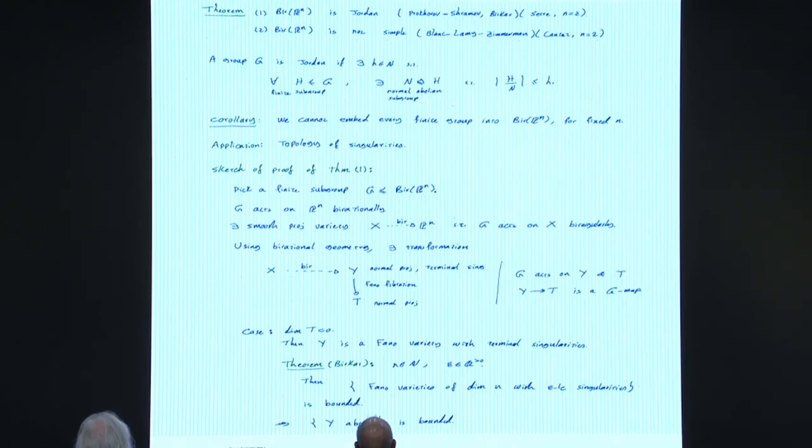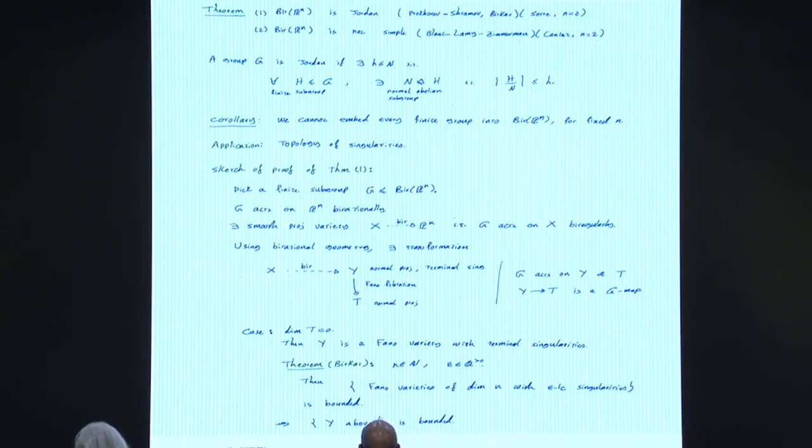The difference with being abelian is bounded by some constant, which does not depend on the subgroup. In this case, it just depends on the dimension. This was proved by an argument of Prohorov and Shramov, and they reduced it to some statement which I proved a few years later. The two-dimensional case was proved by Serre, and he was actually the one who posed these kinds of questions. What can you say about these birational automorphism groups?